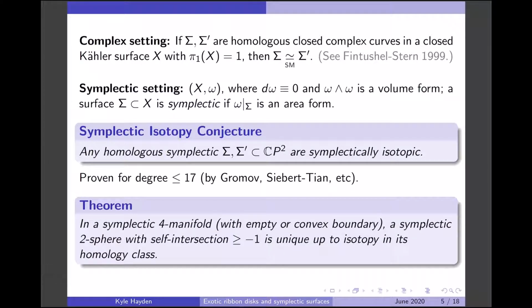It says that in a symplectic four-manifold with either empty boundary or convex boundary, any symplectic two-sphere with self-intersection at least -1 is unique up to isotopy in its homology class. So this gives us some context in which spheres in symplectic four-manifolds are particularly rigid.